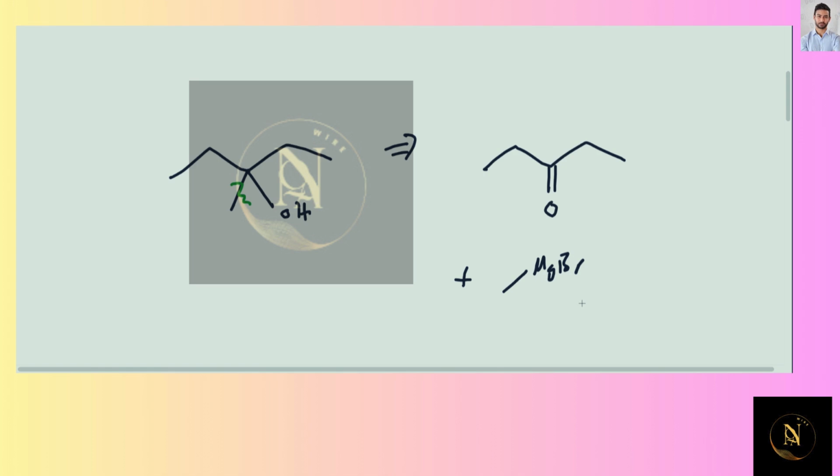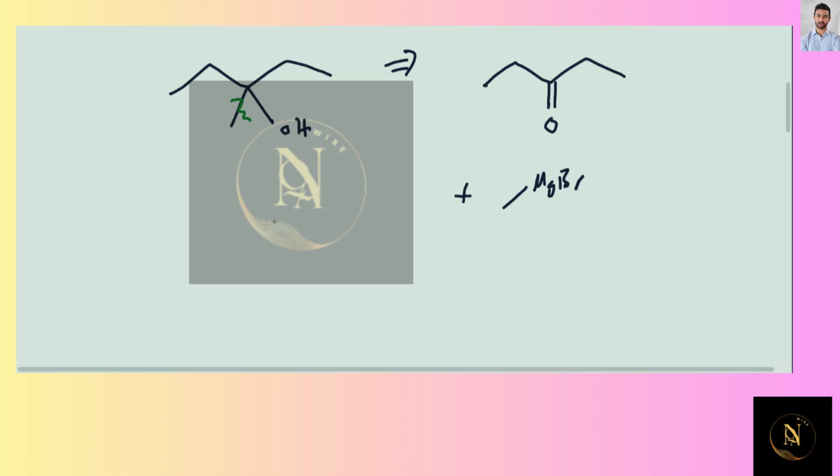Okay, so then that's all we would need. If we wanted to do this in order, we'd say we start with methyl bromide, and then we add magnesium, solid, and diethyl ether.